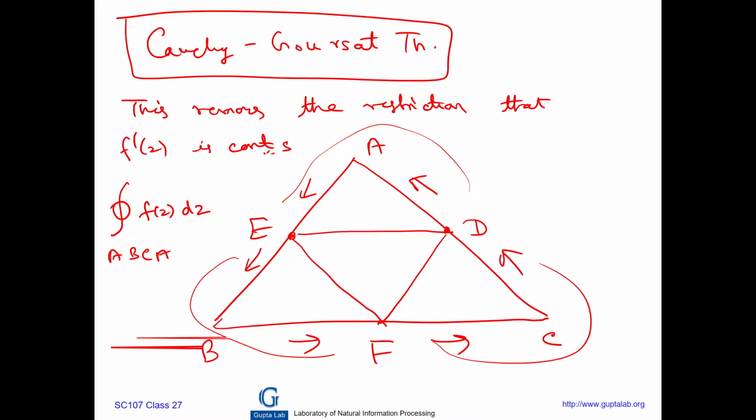Now I am going to add integration along ED and minus ED. So that means I'll add integration along ED plus integration along DE. That will give us 0, right?